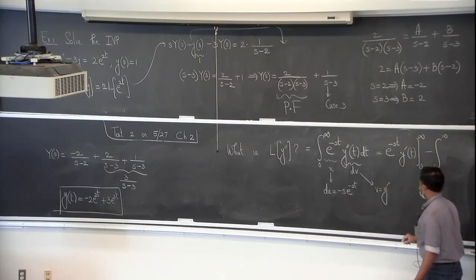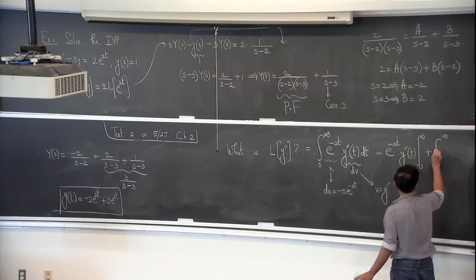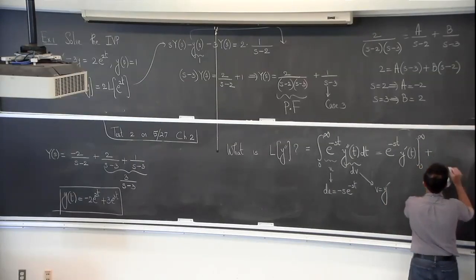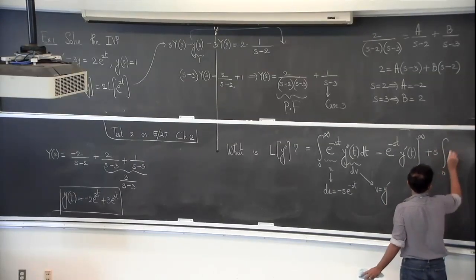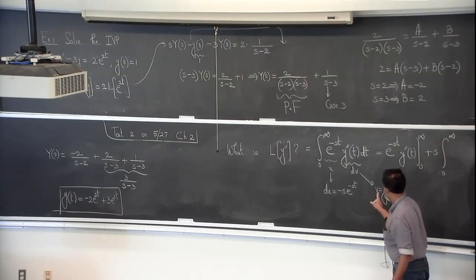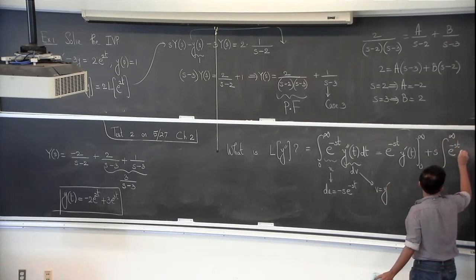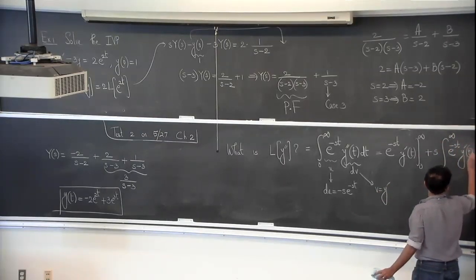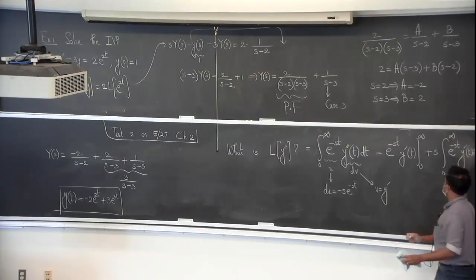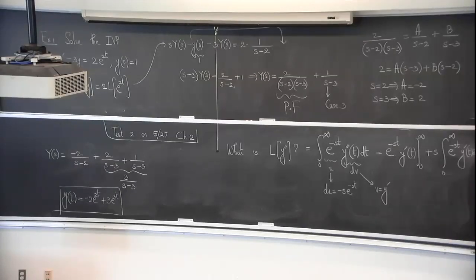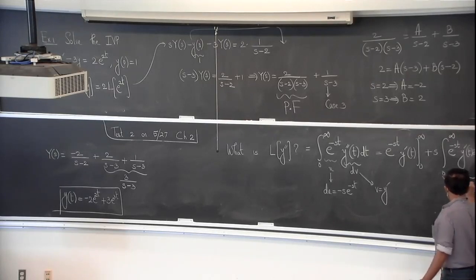And that's going to be plus s times the integral from 0 to infinity of e to the power of negative st times y prime of t dt. You know this one. This is your case 14, L of y prime. So you don't have to do that all over.